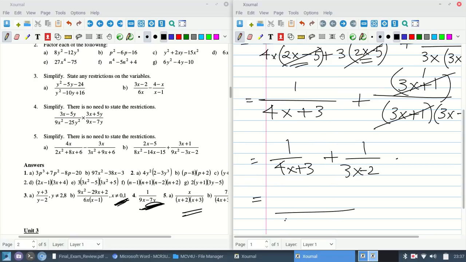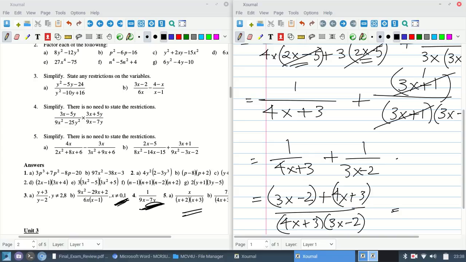Common denominator, 4x plus 3, okay, 3x minus 2. And this is easy. It's just bringing this over and bringing this over. So it's going to be 3x minus 2 plus 4x plus 3. That's it.